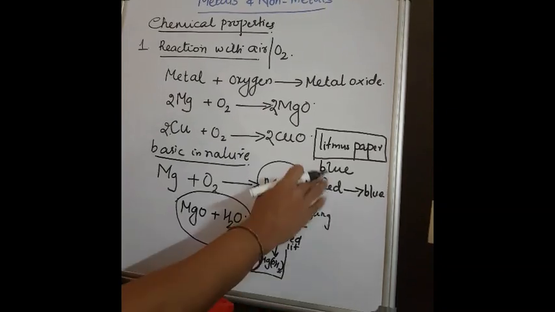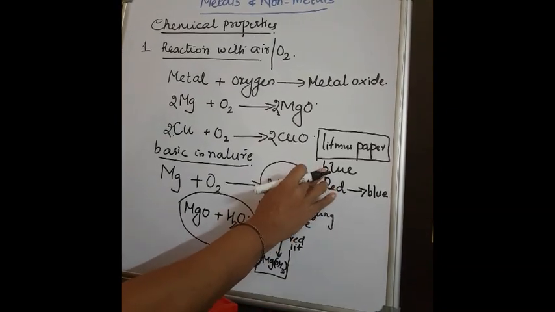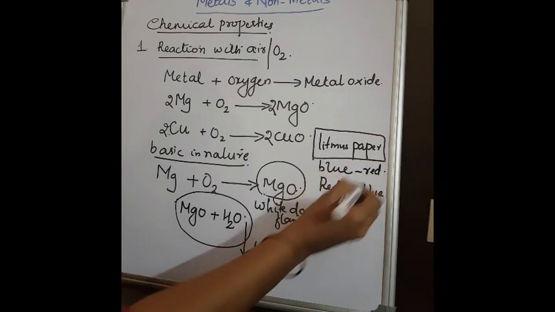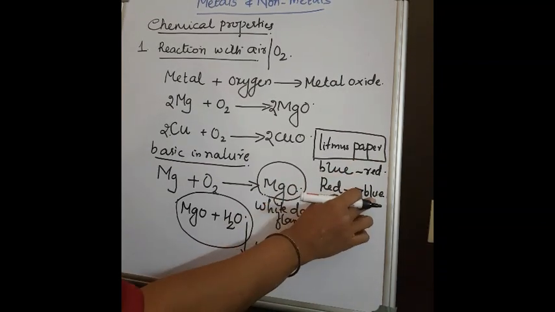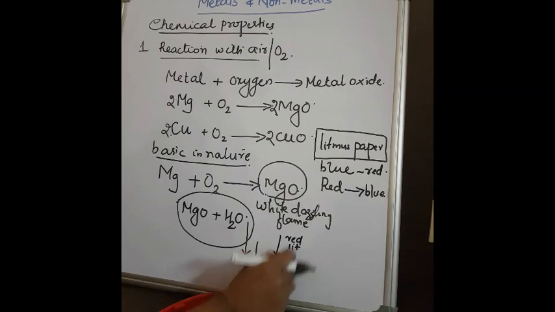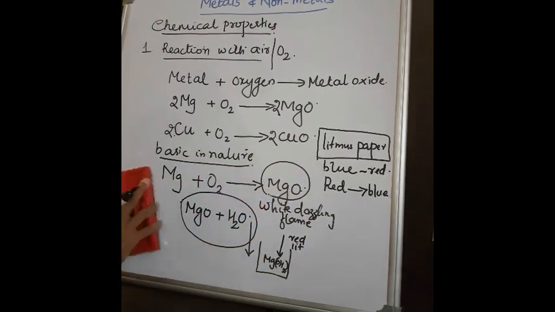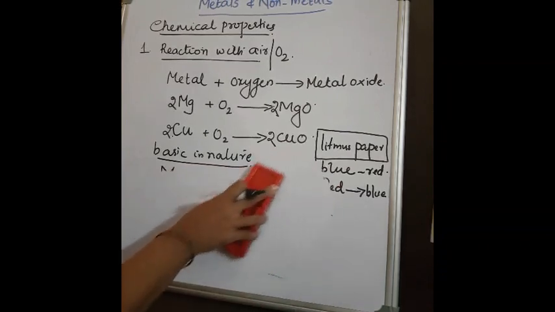Correct? Acidic means the blue litmus changes into red. That is acidic. Red litmus changing to blue is basic in nature. That you will study later. So, what I mean to say is most of the metallic oxides are what?